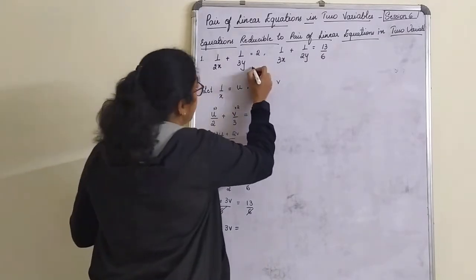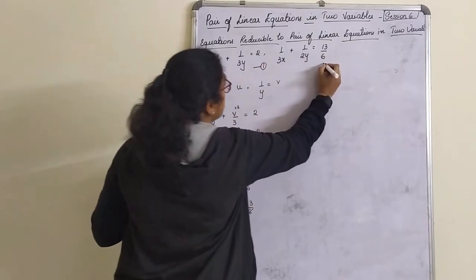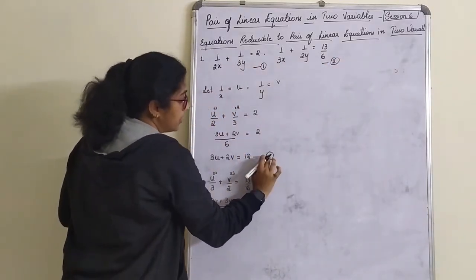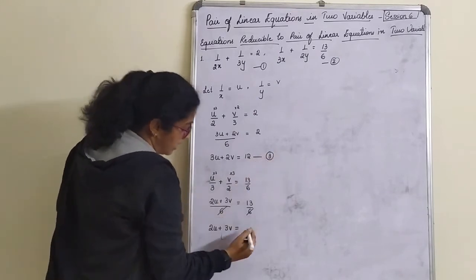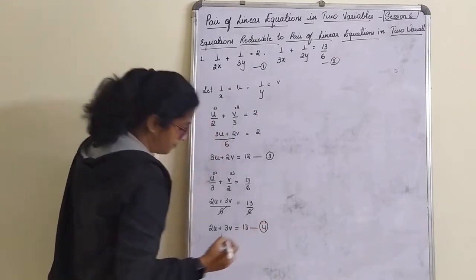We will name the first as equation 1, children, this as equation 2, because that's a given equation, this as equation 3 and this is equal to 13 as equation 4.